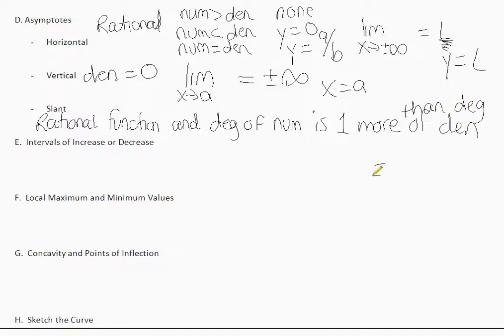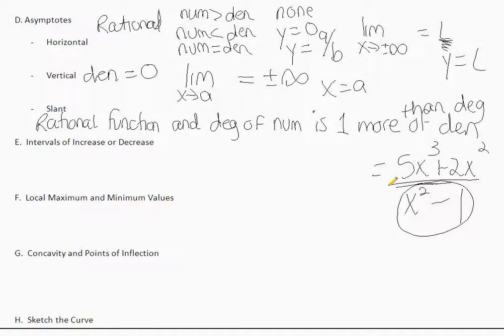So I have 5x cubed and I have x squared. I could have other things going on here, but that would have a slant asymptote, because the numerator's degree is 3 and the denominator's is 2. How do you find it? I would do long division. I would divide the denominator into the numerator. Whatever I get is your slant asymptote.